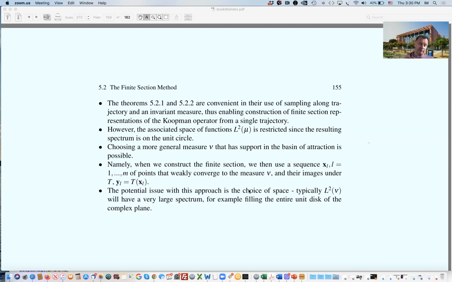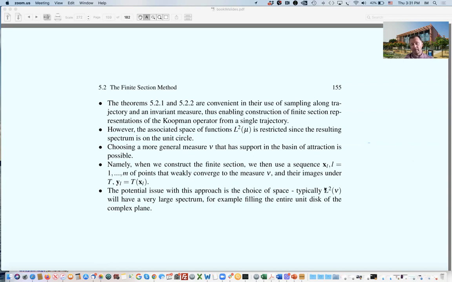The potential problem with this is the choice of space. If you look at L2, square integrable functions with some ambient measure nu, that might have a very, very large spectrum. So there is actually a construction that is much more adapted to the dynamics, which I will talk about in a future lecture specific to the context of dynamical systems.